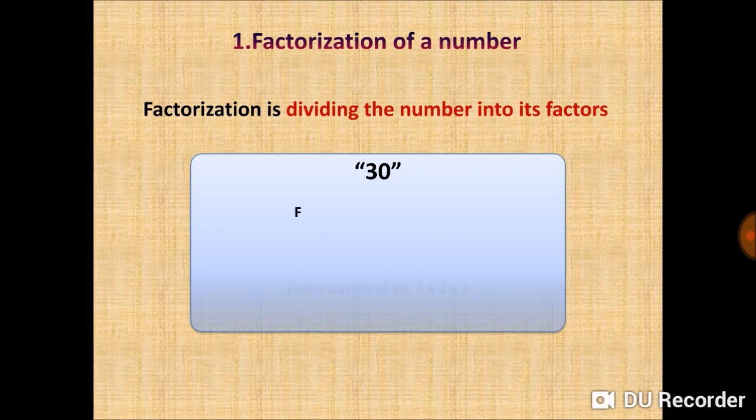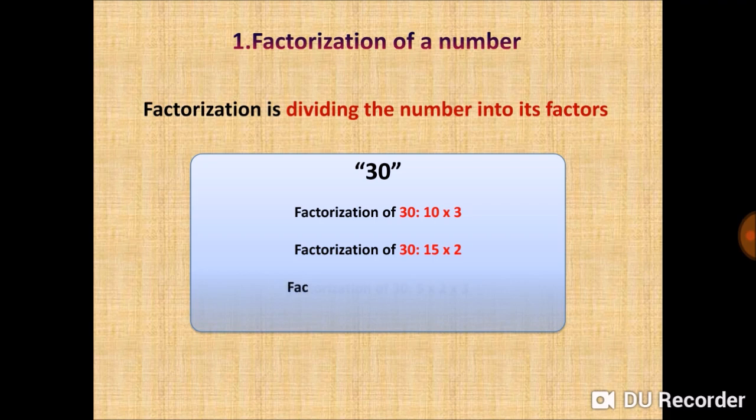Here factorization of 30 into 10 and 3. 10 multiplied by 3. Another way we can also factorize 30 into 15 multiplied by 2. Means we are dividing 30 into 15 and 2. Previously we divided 30 into 10 and 3.